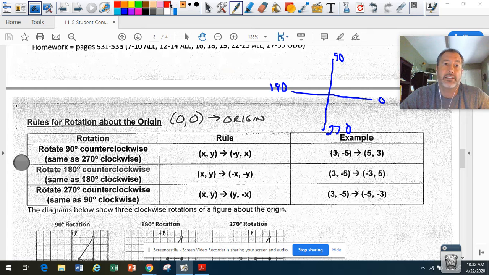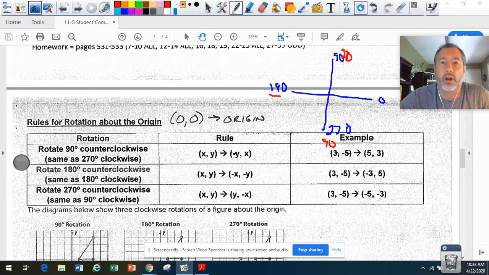Clockwise, as you know, this would be our 90. This is still 180, and this here is 270. So if we rotate counterclockwise here to here, it's the same as going clockwise 270 degrees.